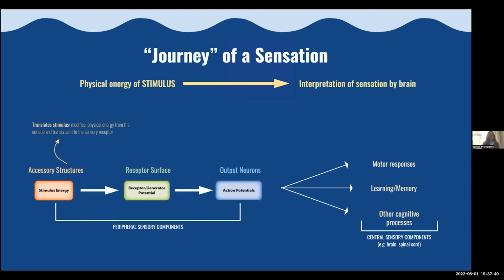That stimulus energy will then be converted to a receptor potential by receptors, and then that will be converted into an action potential. That'll travel to the central sensory components. So it can result in things like motor responses or contribute to your learning and memory and any other cognitive processes.